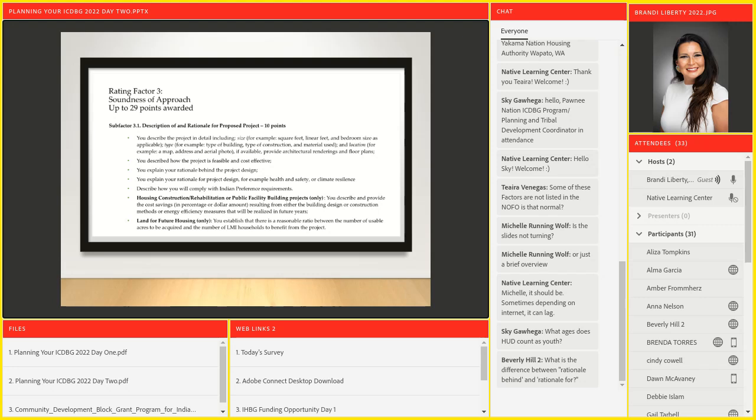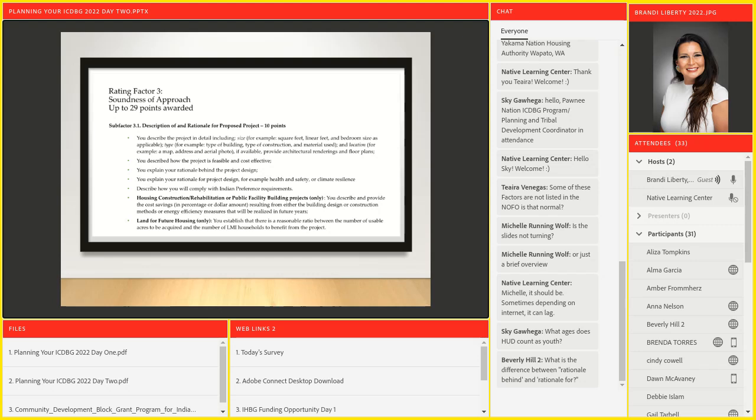If you are doing a project that is just an acquisition of land for future housing, you must also explain that there is a reasonable ratio between the number of usable acres to be acquired and the number of LMI households to benefit from the project. So what they're asking here is, if you are purchasing 10 acres of land and you want to build 50 houses, obviously it's probably going to be a hard sell that there's a reasonable ratio of 50 houses on 10 acres.